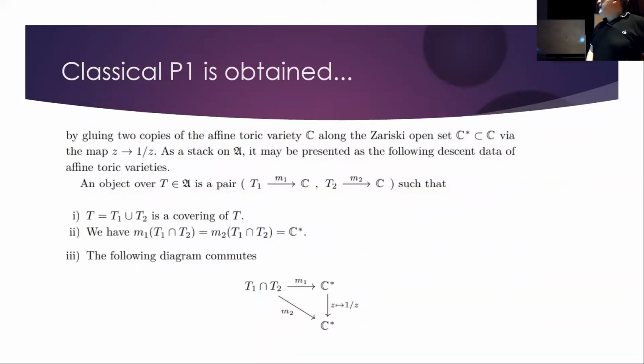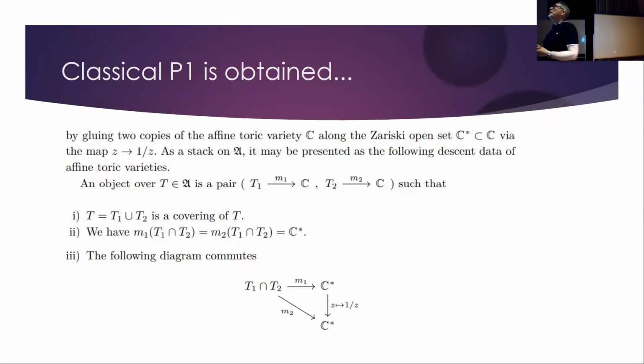In any case, classical P1 is obtained by gluing two copies of the affine toric variety C along the Zariski open set via the map Z to 1/Z. And in this language, it can be seen as a category fibered over the toric side. So in the obvious way, there is the diagram you need to see it as a category fibered over it. But in a few words, what I'm saying is that the classical gluing instructions of a fan give you the way to obtain a variety, traditionally, if the thing was rational.